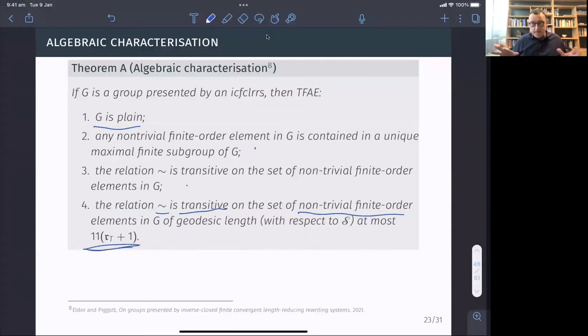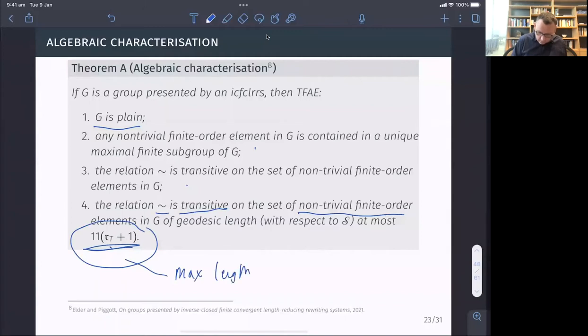This slide is the key to our result: we prove that just by checking a finite, quite large, collection of words, where RT is the maximum length of a right-hand side in the rewriting system. If we're in that situation, then we check transitivity on all of these elements. If it is transitive, then the group is plane. If it's not, the group is not plane. And then a whole bunch more steps, and we end up with the isomorphism problem. I'll stop there because I think I've used up all my time.